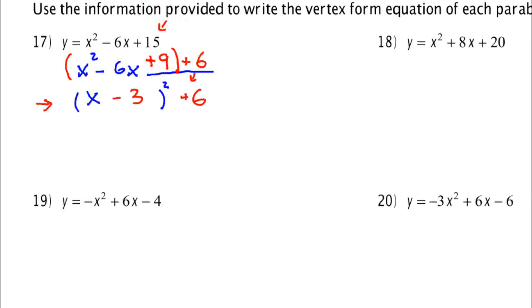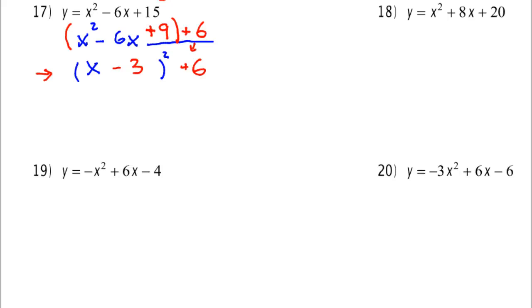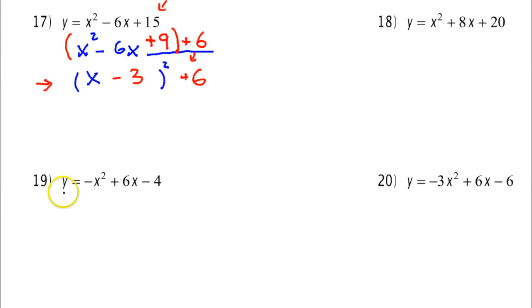I'll do the last, number 19. Just remember, if there's a number in front, like in this case there's a -1, anytime there's something in front of the square term, we got to factor that out. And then do the same exact steps we would normally. Because I took out a -1.